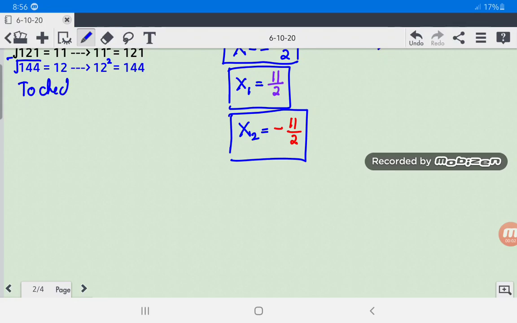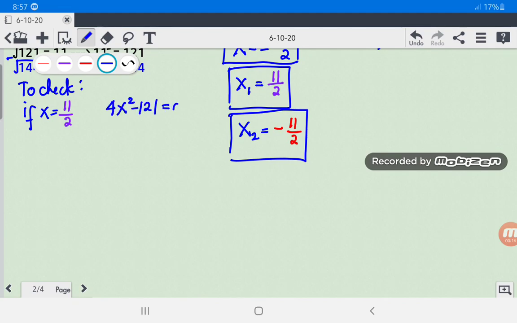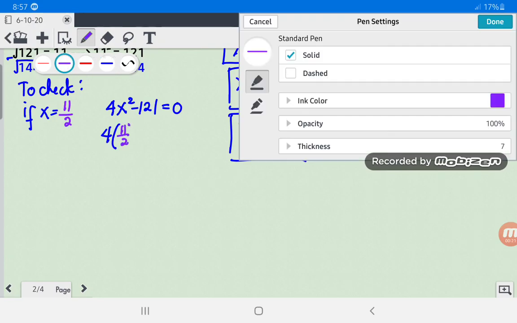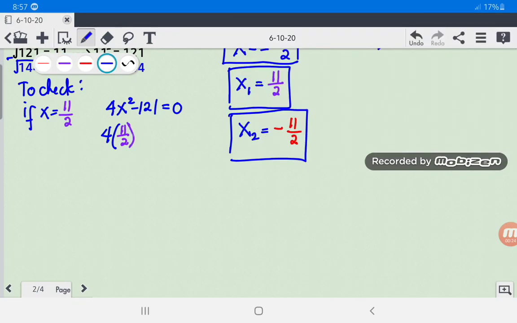So to check, if x is equal to positive 11 over 2, using the original equation, we have 4x squared minus 121 equals to 0. We have 4 times 11 over 2 squared minus 121 equals to 0. So you have to copy 4 times 11 squared, that is 121, or 11 times 11, then over 2 squared, that is 4.